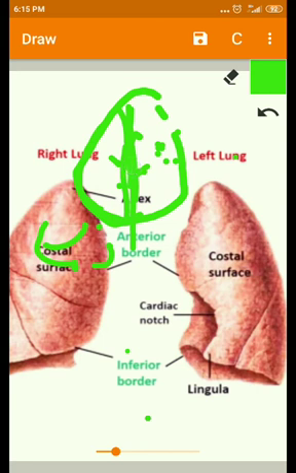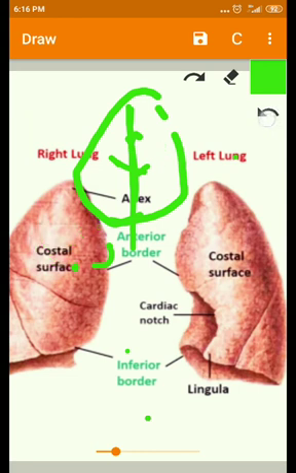For both the right and left sides, the surface is divided into a posterior vertebral part and an anterior mediastinal part, and some impressions are present on the mediastinal surface of the right and left lung. Because of these impressions, we can identify which one is the right lung and which is the left lung. The impressions differ between right and left lung, which we are going to see separately in the next video.